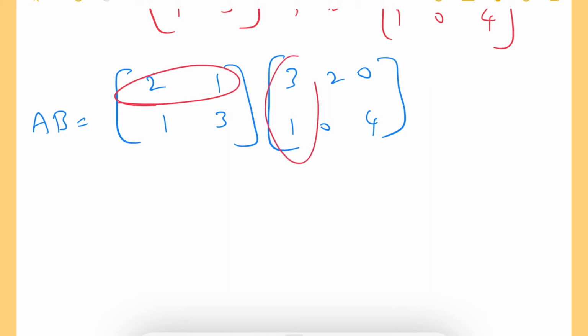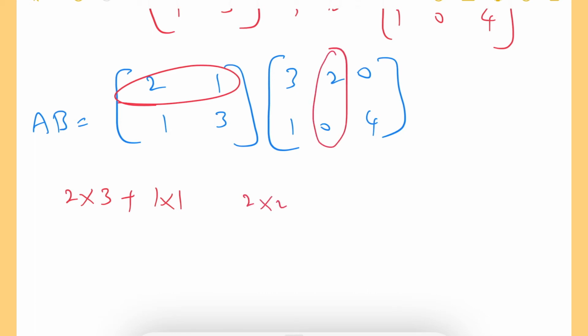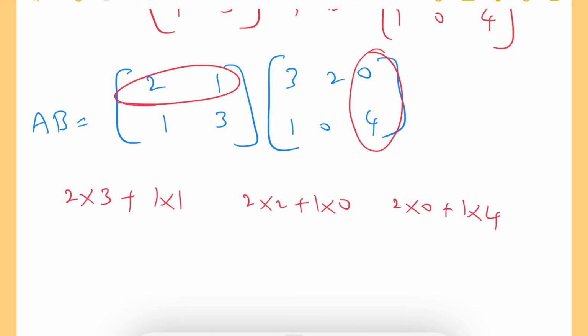First row multiply with the first column: 2 into 3 plus 1 into 1. Next, first row with the second column: 2 into 2 plus 1 into 0. Next, first row with the third column: 2 into 0 plus 1 into 4.